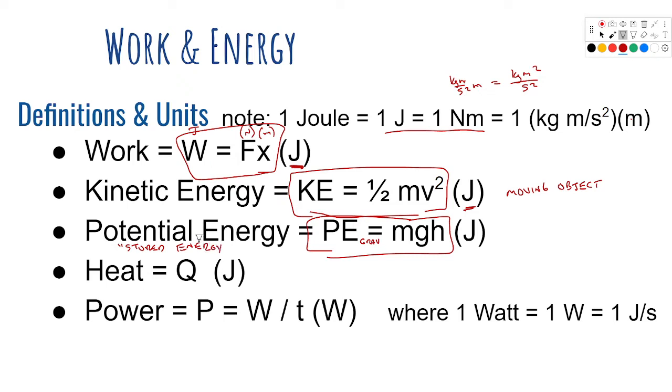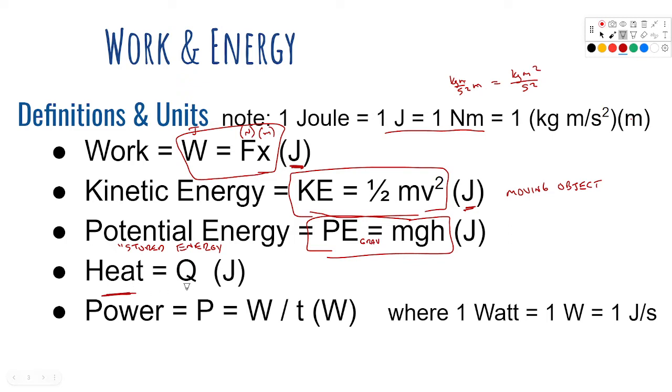Like, for example, if I compress a spring, I'm doing work to mash that spring in tighter and tighter, and that work that I did has to go somewhere. The energy that I used has to go somewhere. It goes into the spring. It's stored there in the spring, and then I could release that energy and make something become kinetic, make a dart go across the room with a little dart gun or something. All right, so that's a good formula, and I've got examples of all these coming up pretty soon.